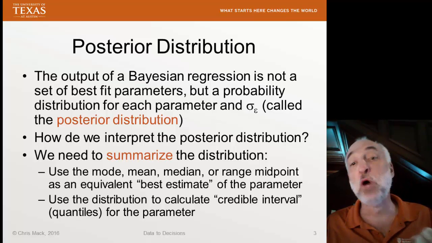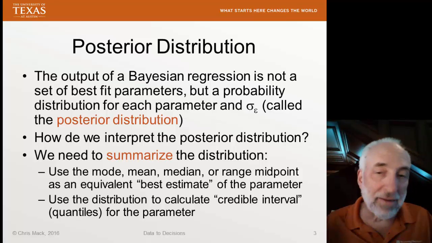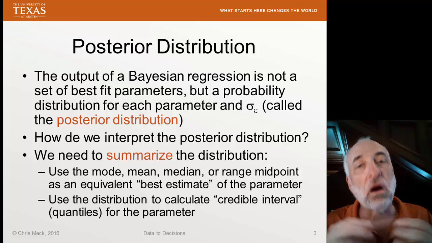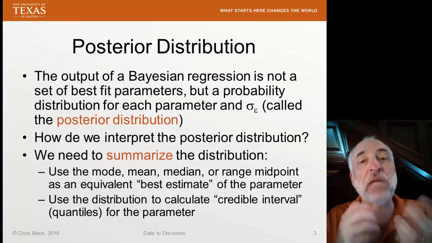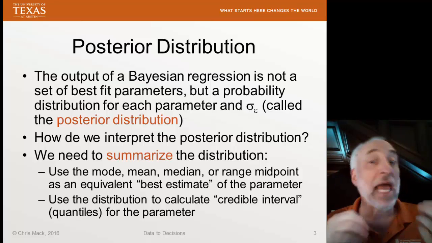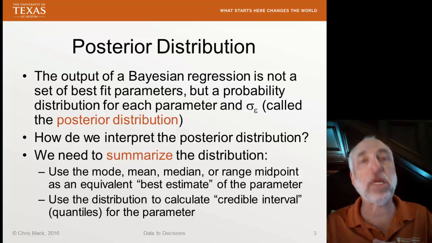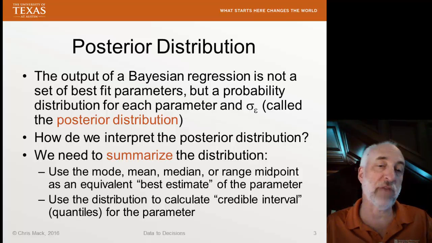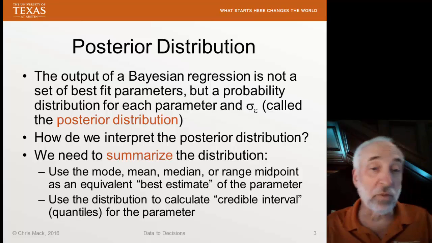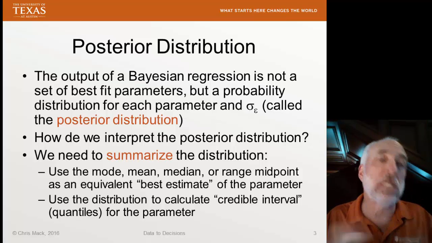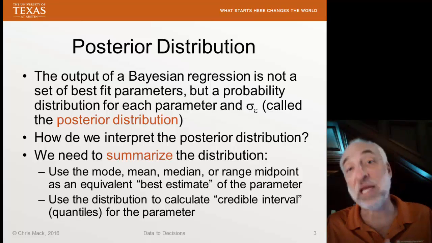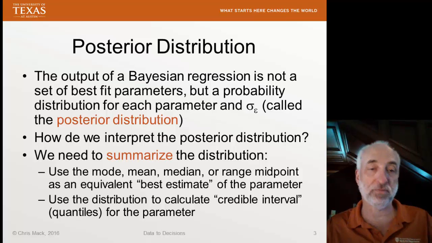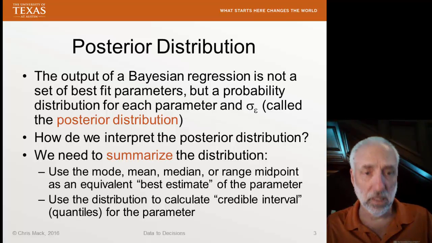So we can use the mode, the mean, the median, midpoint of the range, etc. All of these are some kind of a measure of location or central tendency, and it's one of these location parameters that will be our quote-unquote best estimate of the parameter value. Mode, I think, is the most popular because it seems to interpret the same way as a maximum likelihood kind of estimation for the posterior.